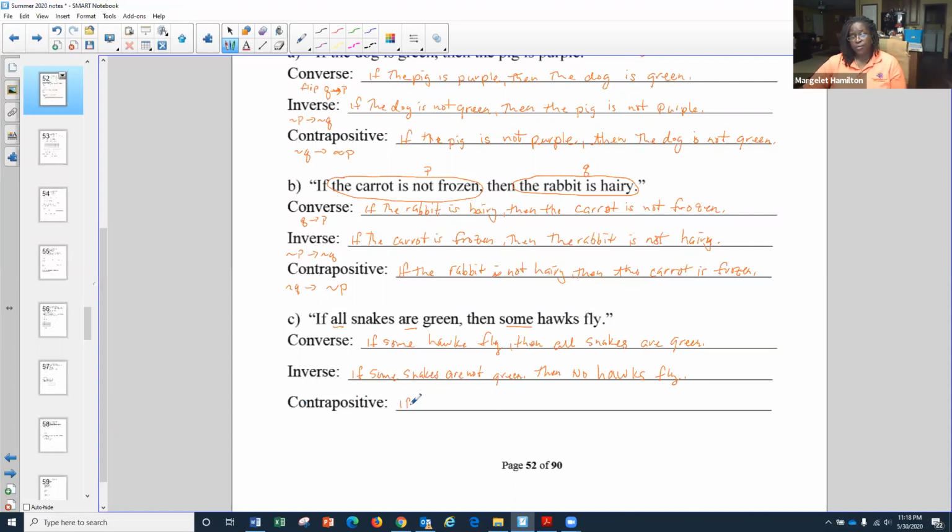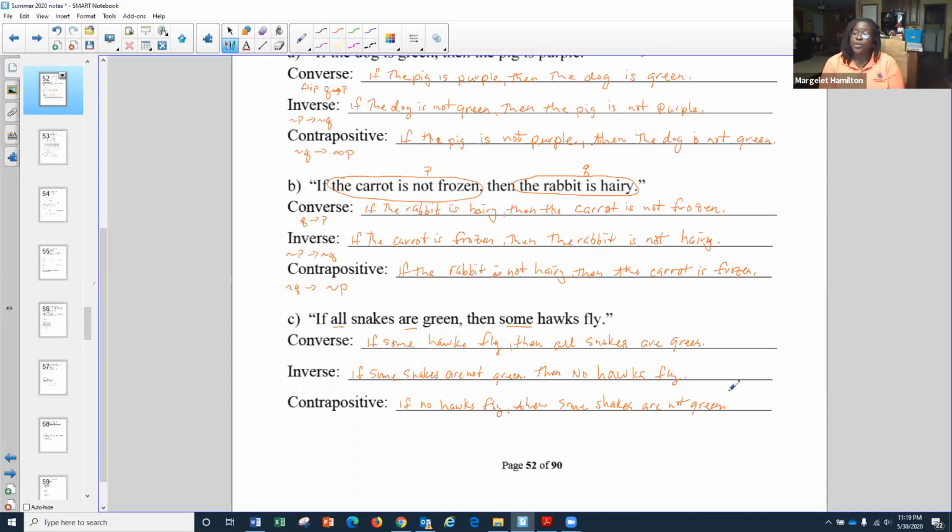If no hawks fly, then some snakes are not green. Okay.